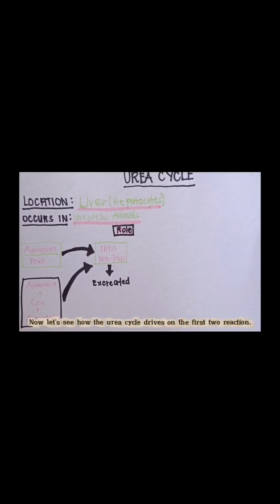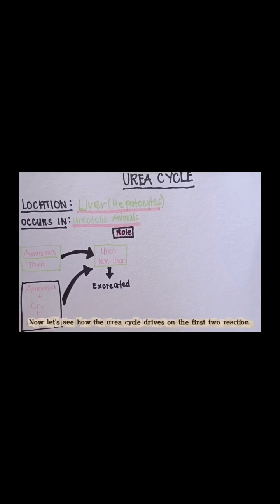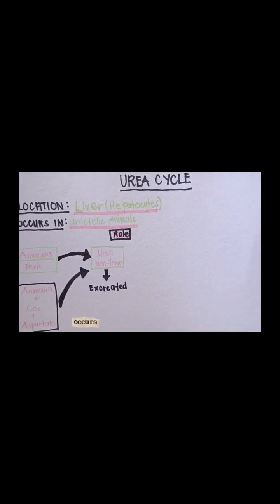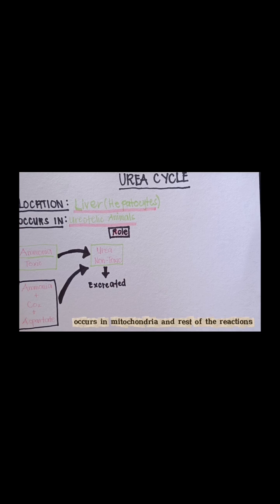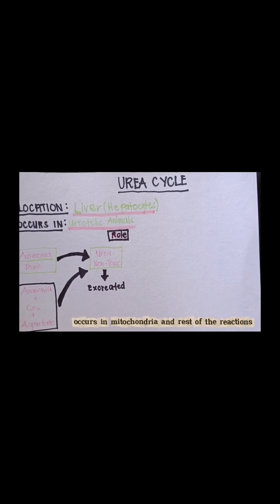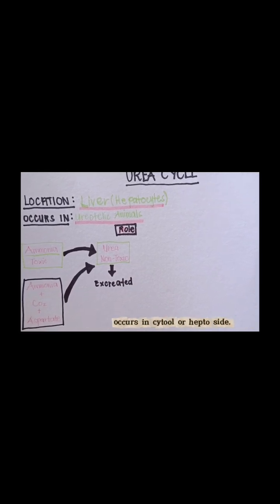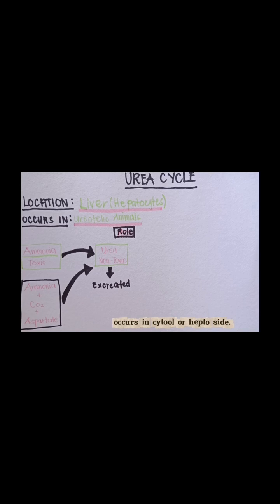Now let's see how the urea cycle proceeds. The first two reactions occur in mitochondria, and the rest of the reactions occur in the cytosol of the hepatocyte.